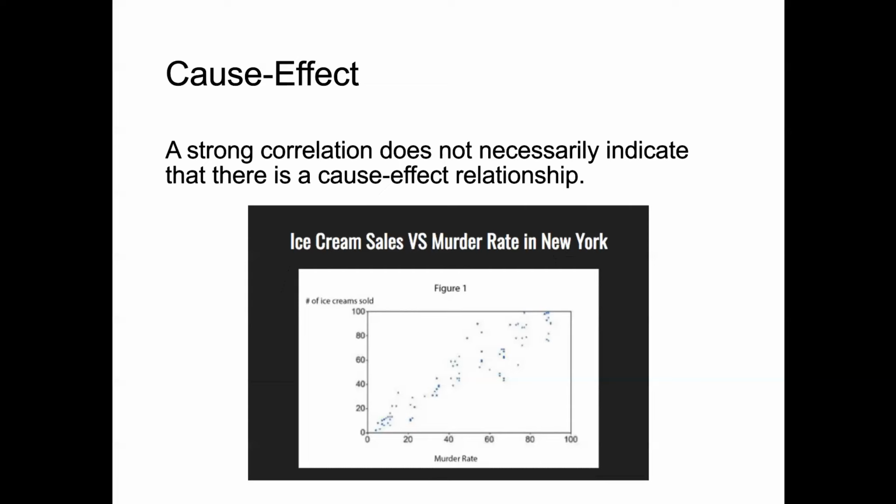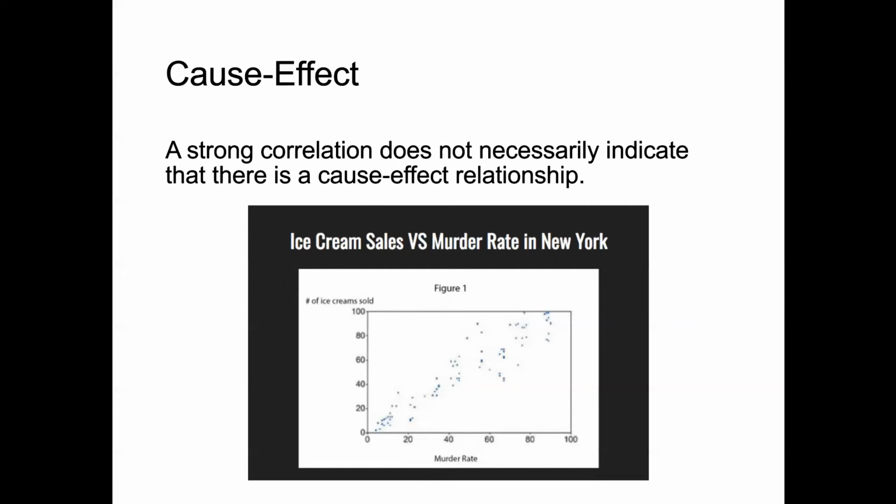Do you think that ice cream sales are dependent on the murder rate? Do you think that the murder rate causes, what did they do, kill somebody and go out for an ice cream? What do you think is causing this? Is there another variable involved that's causing this?